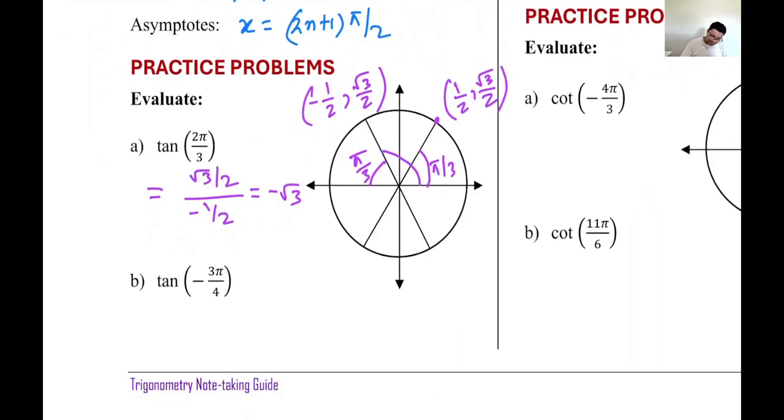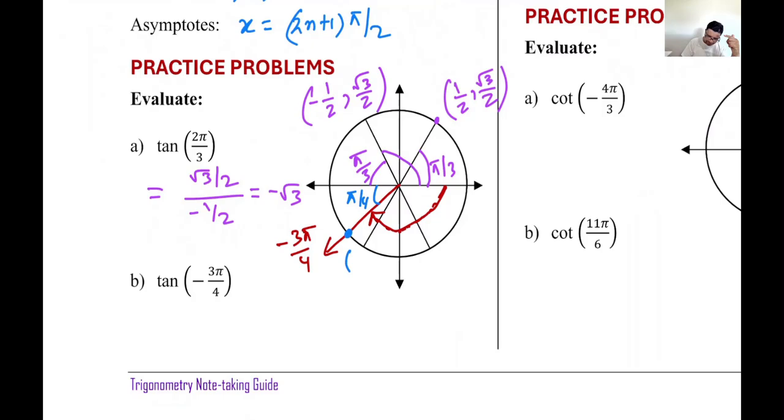And similarly, tan of negative 3 pi over 4. So 3 pi over 4 is like 3 multiples of pi over 4, but clockwise. 1 pi over 4 will bring you halfway, 2 pi over 4 will be 90 degrees, 3 pi over 4 will be here. So this is the angle negative 3 pi over 4, in your clockwise rotation. So clearly your reference angle is 45 degrees now, pi over 4.